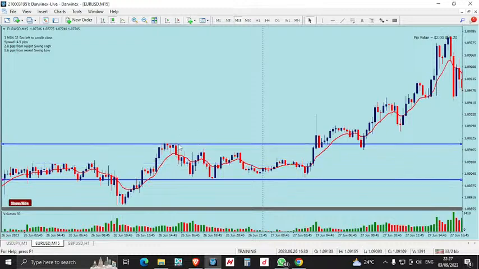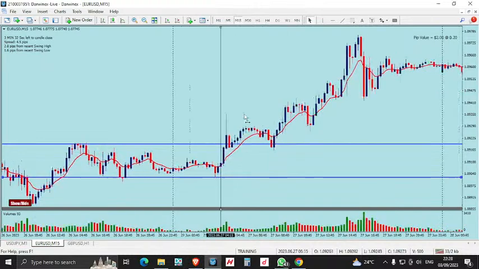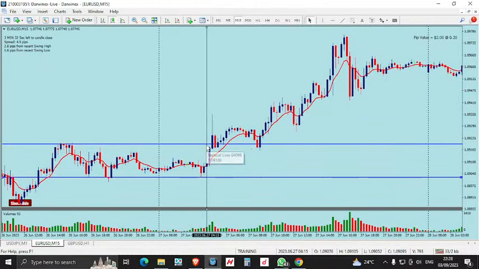Let me mark it here. Then it came down here. Let me check if my volume agrees. Now, this is a low volume. We wait. Okay, look at this. This is an opportunity to enter this trade.